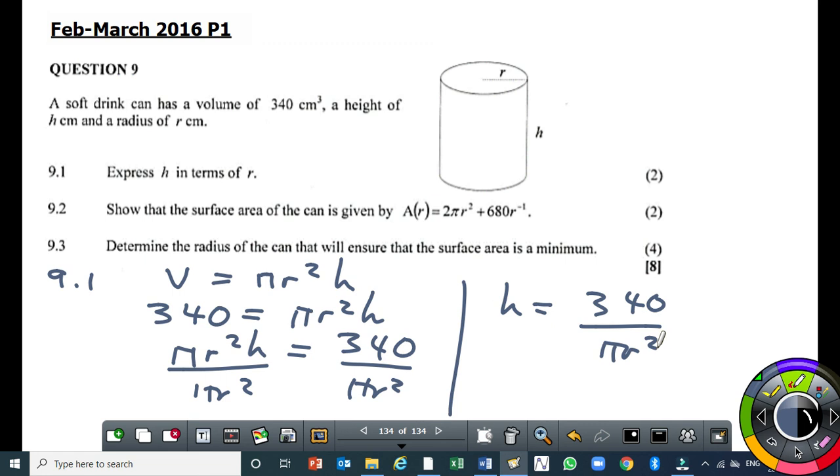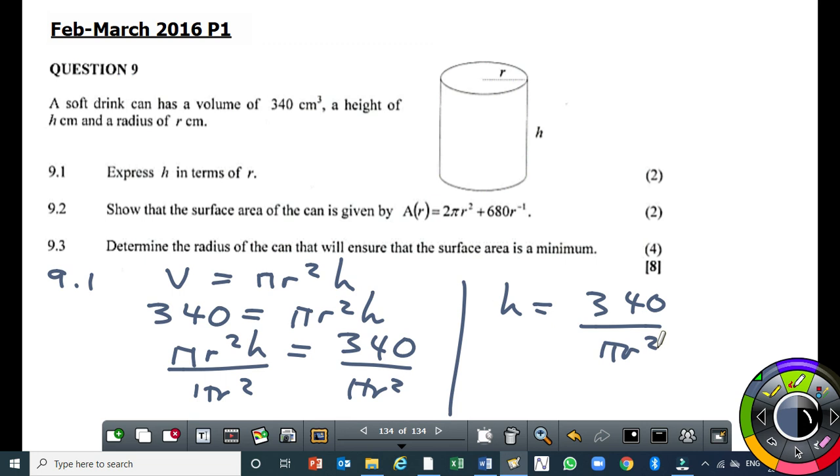So to do 9.2, we need to know the formula for the surface area of a cylinder. The surface area of a cylinder is very simple. I'll just show it to you now. Just take you to the basics. Let's say this is a rectangle, and if I fold it like that, we are going to have a circle on top and a circle at the bottom.